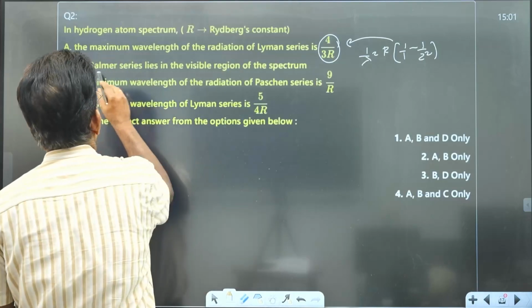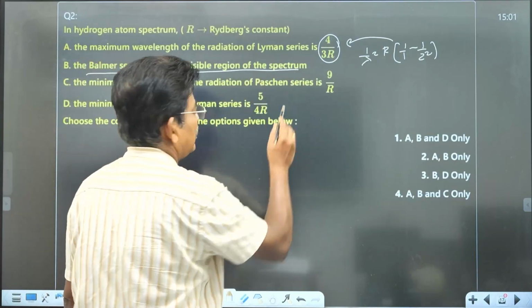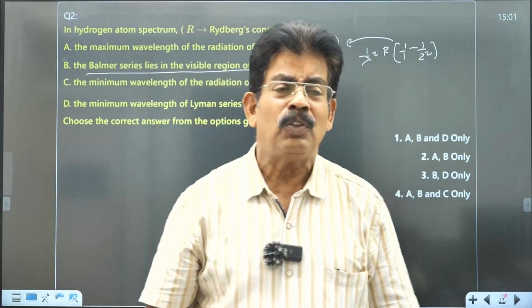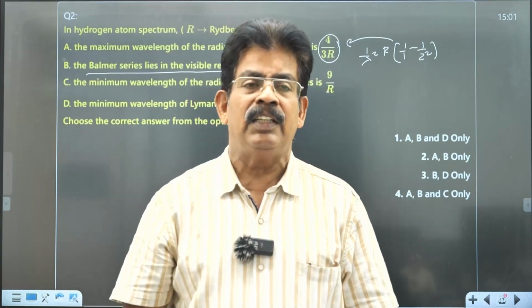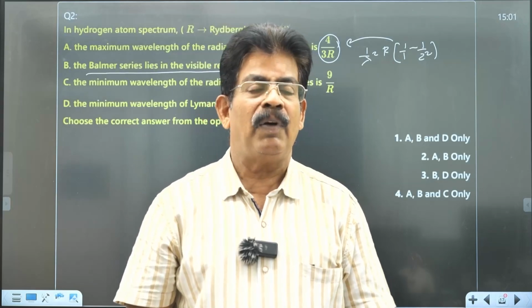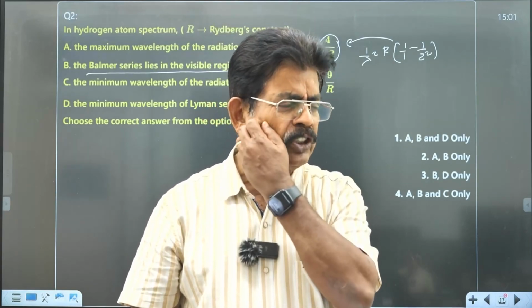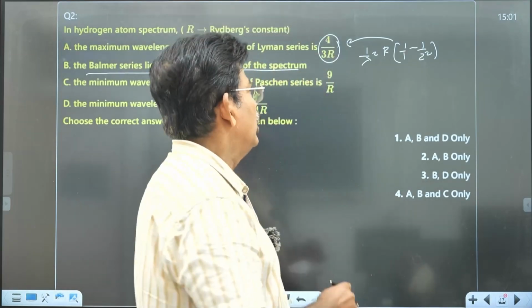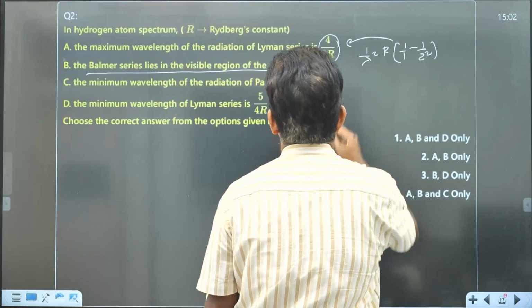Then Balmer series lies in the visible region. Anyway, here we accept it as correct because it is not completely invisible region. It is partly visible and mostly, about 90%, invisible region. So from a practical point of view, we take this as also a correct option.